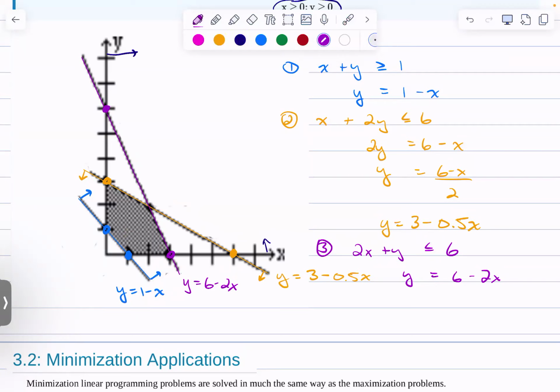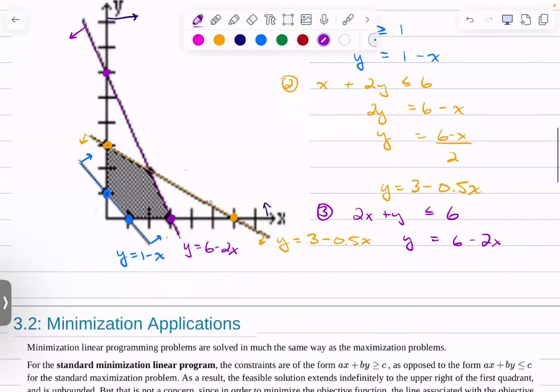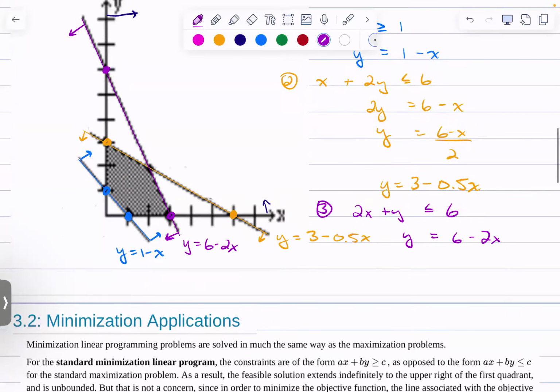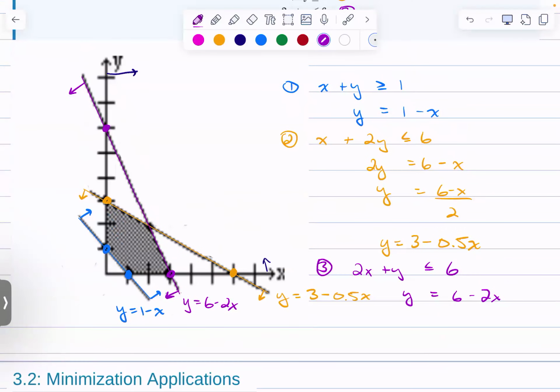And so then I have to be on this side of the line. Your feasible set is the area where all these things happen all at the same time, right? Everything all at once. And so here I just call it FS, feasible set.